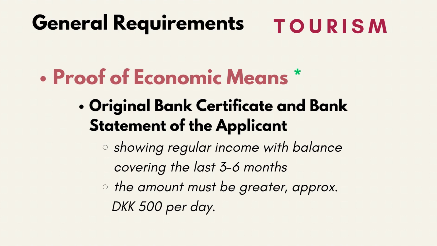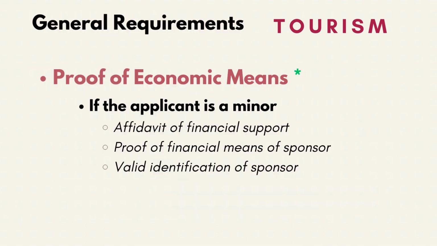Take note for Denmark, the amount that you have in your account must be greater than the approximate 500 Danish kroner per day. If the applicant is a minor, he or she would need an affidavit of financial support, proof of financial means of his or her sponsor, and the valid identification of his or her sponsor.